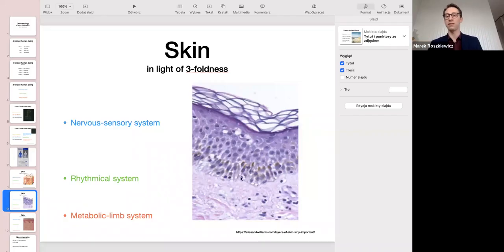Cells are dividing very strongly and quickly. They are step by step losing their nucleus and cellular organs, and they become just cell walls connected to each other. But this is extremely important for the skin because, as we will see in neurodermitis, atopic dermatitis, the skin is a barrier organ for the whole organism.